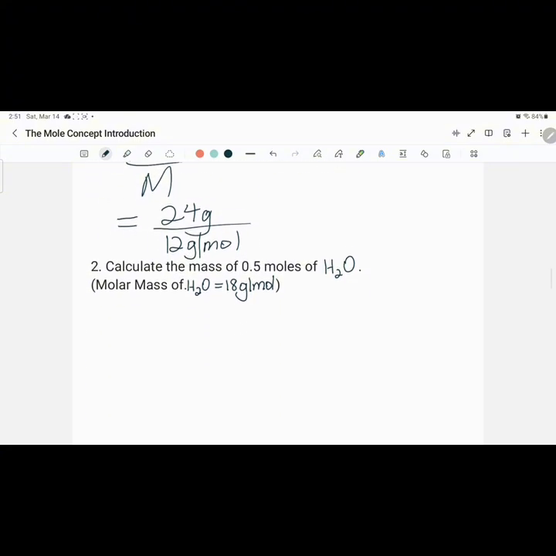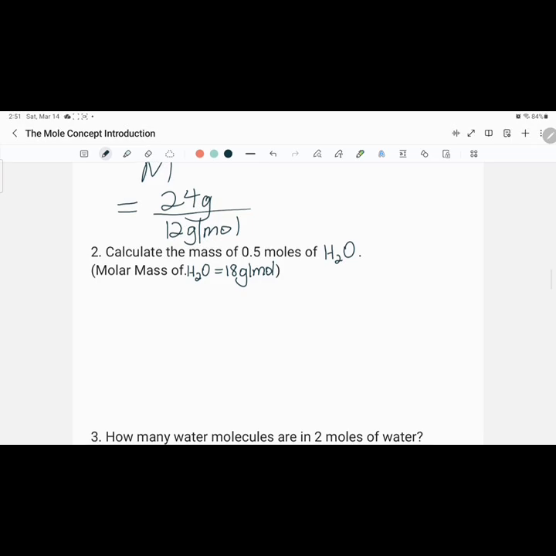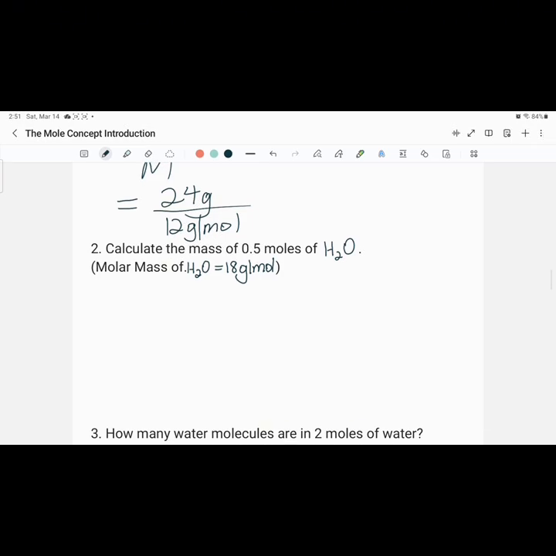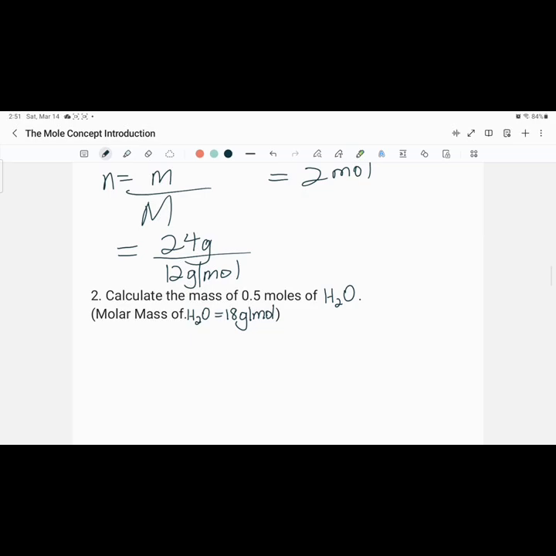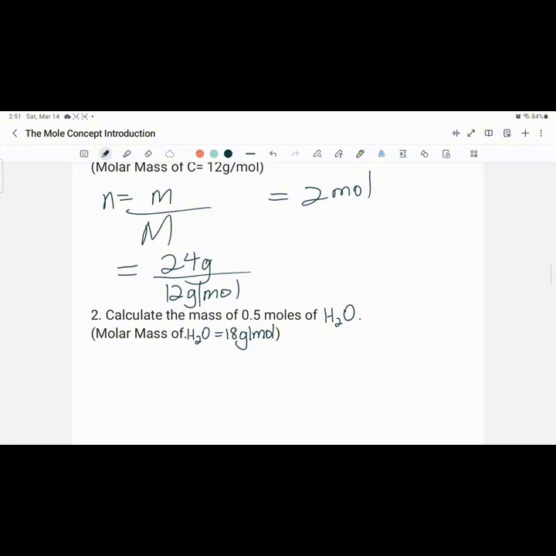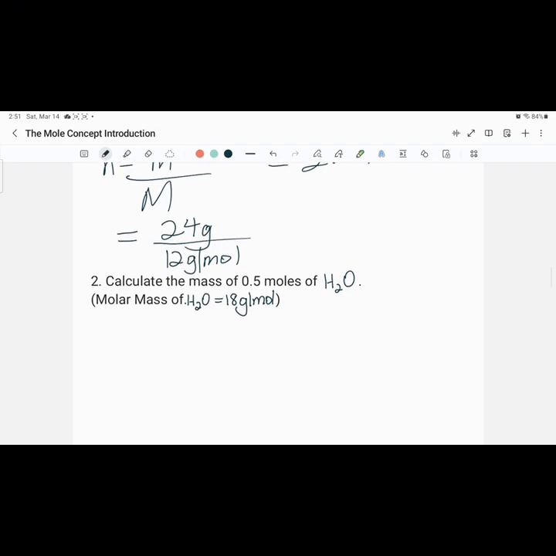The second one is to calculate the mass of 0.5 moles of H2O, which is water. The molar mass of water is 18 grams per mole. In this case, we are given moles and a molar mass, and they want to find the mass within 0.5 moles of water.